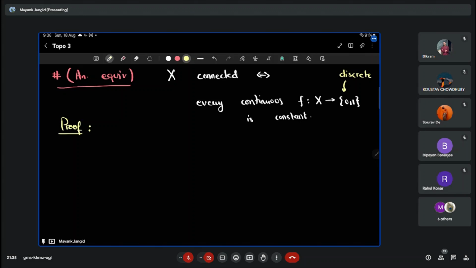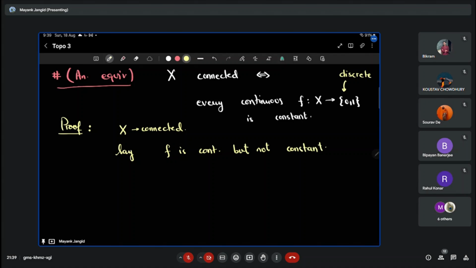Say X is connected. I would like to show that every continuous function is constant. So let's say F is continuous but not constant.